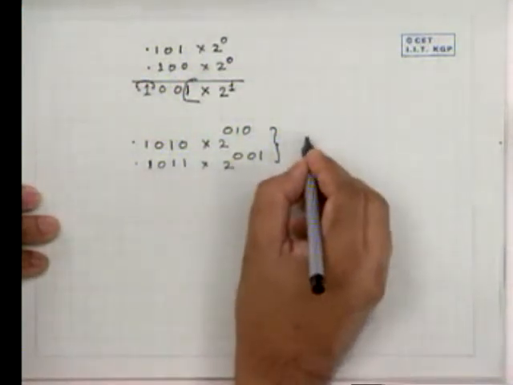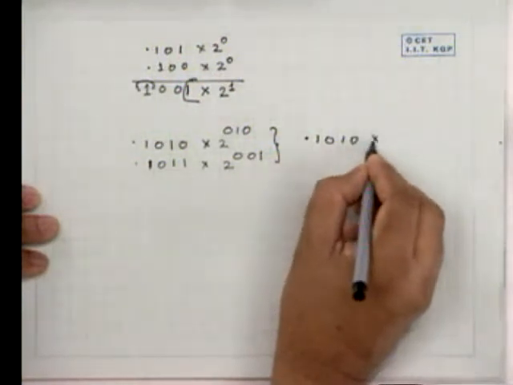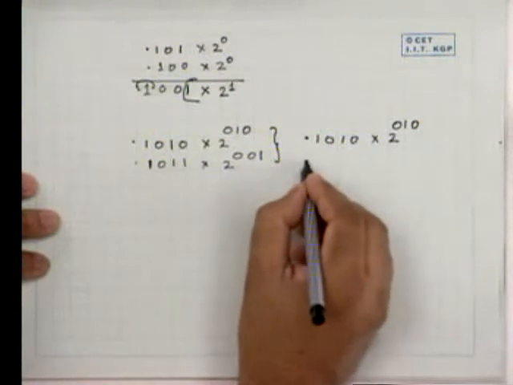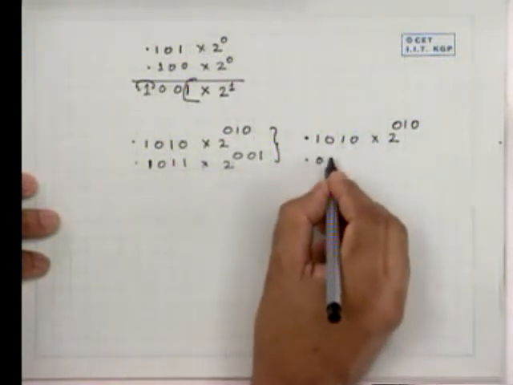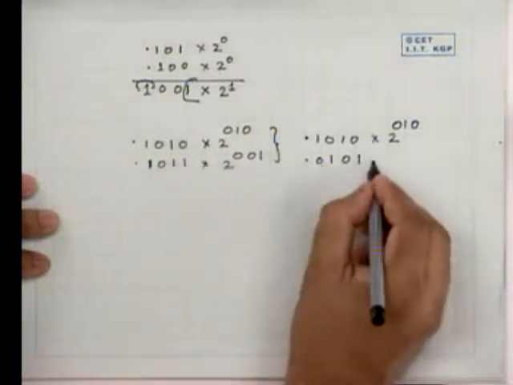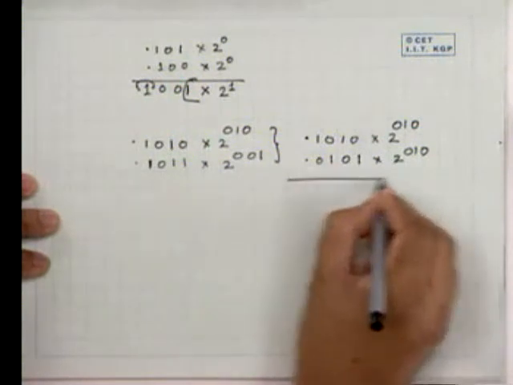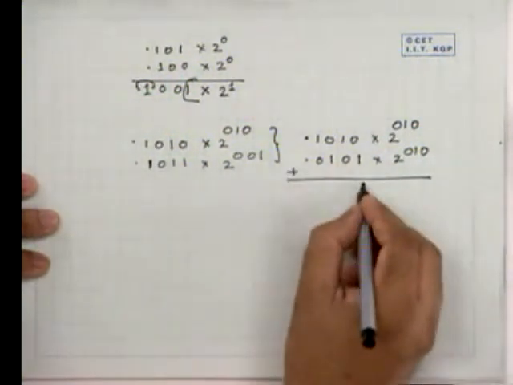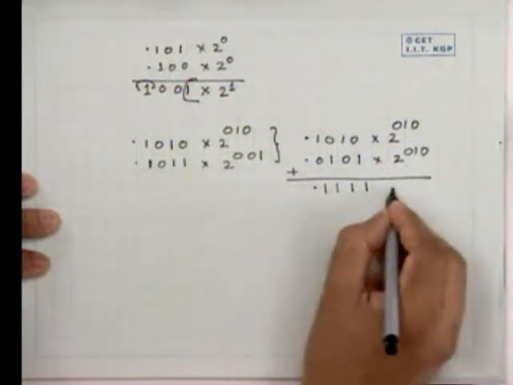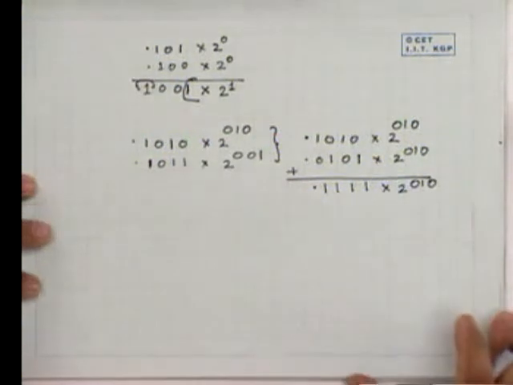For example, we'll do it this way: 0.1010 into 2 to the power 010, and 0.0101, this one will shift into 2 to the power 010, and then only we will be able to add, giving a figure of 1111 into 2 to the power 010, right?